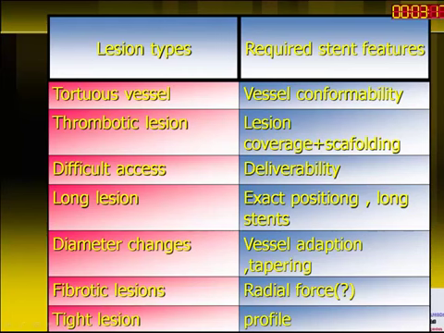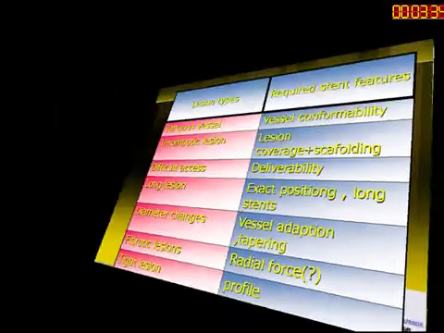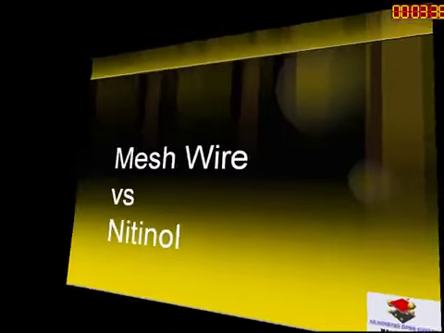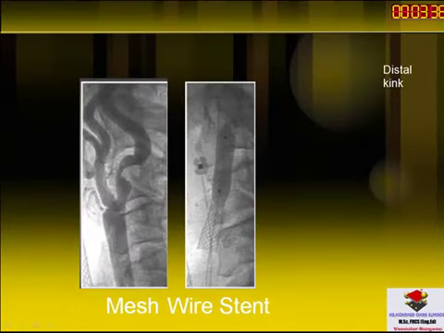In a long lesion, you need exact positioning like the Carotid Wallstent. If the diameter changes, you need vessel adaptation like the open cell design of self-expandable Nitinol stents. In a fibrotic lesion, you'd like good radial force, and in a tight lesion, you need a really good profile. So these are the two steps you have to select, either mesh wire or Nitinol stent.